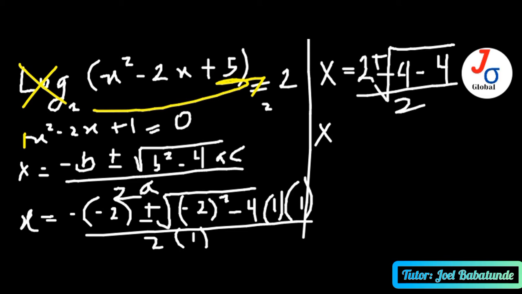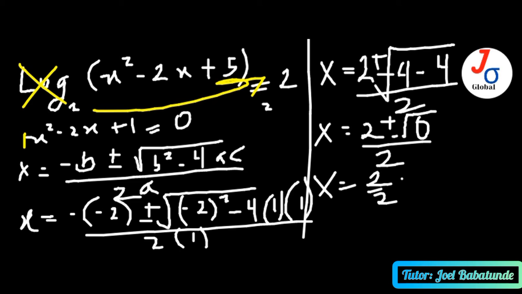So I have x becomes 2 plus or minus the square root of 0, over 2. And so we have x equals 2 over 2, that's equal to 1, but that's actually twice because of the plus or minus. So basically, our x is 1.